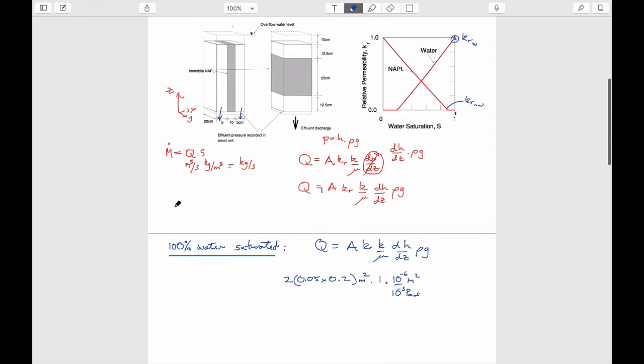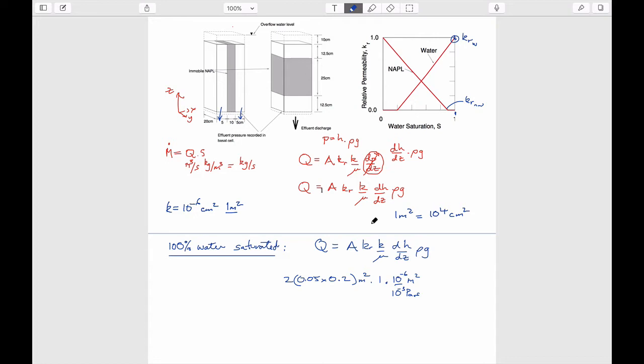So what's 10 to the minus 6? I guess we would have to multiply that by 1 meter squared, which is equal to 10 to the 4 centimeters squared, right? 10 to the 2 times 10 to the 2.